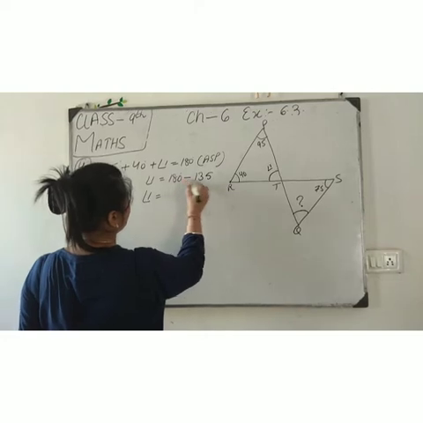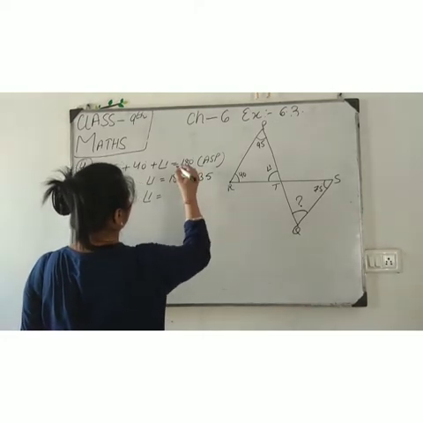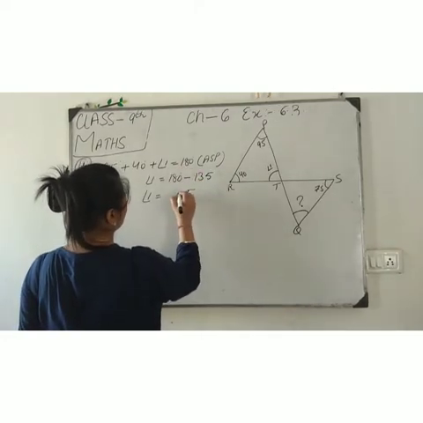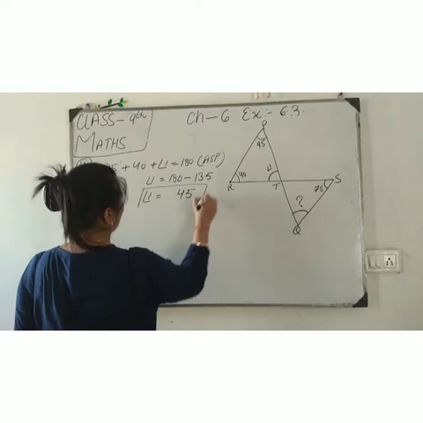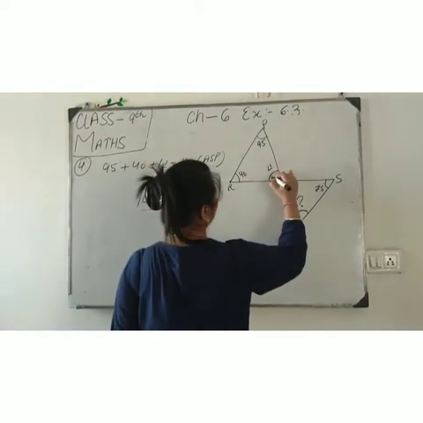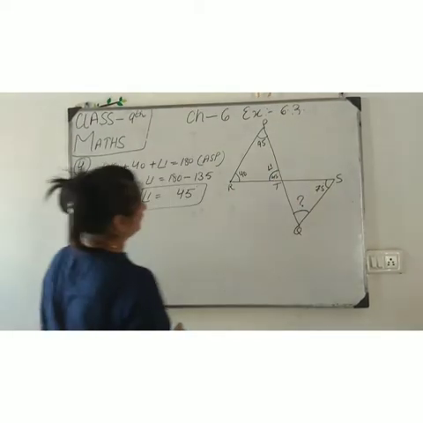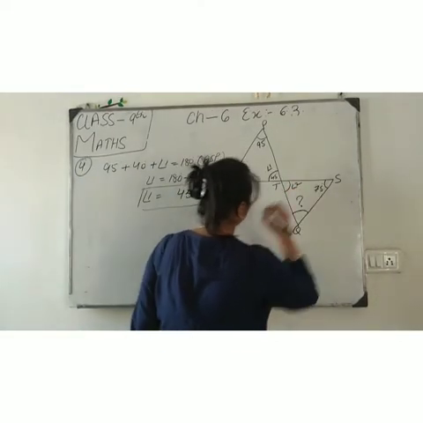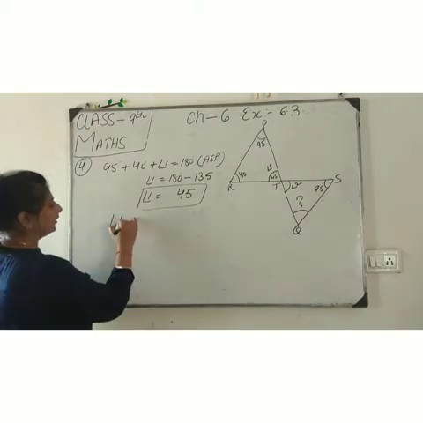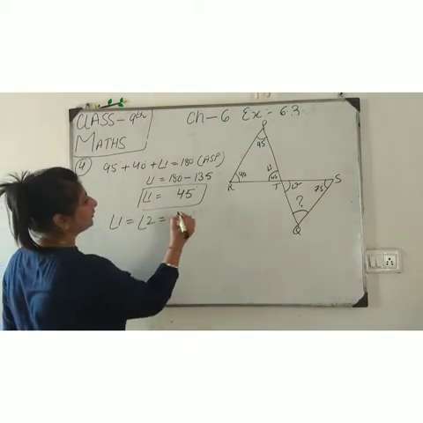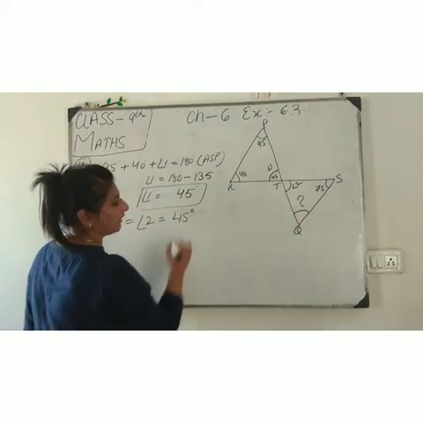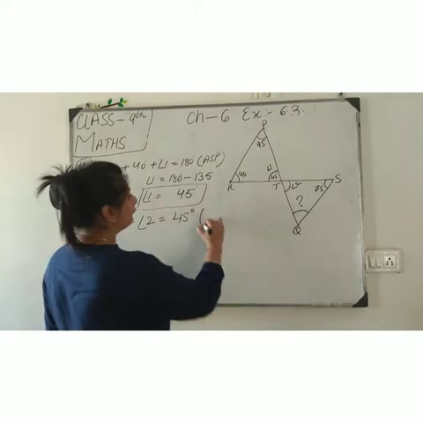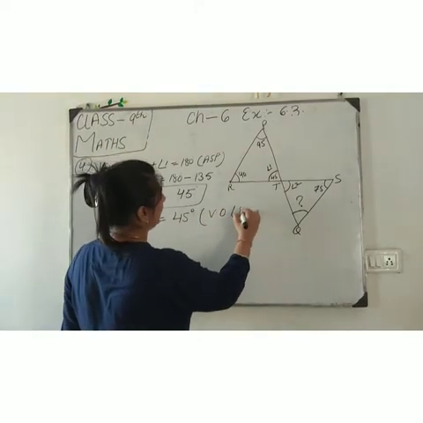Angle 1 equal to 45 degree. Okay. Now again I put numbers here. Angle 2. Angle 1 equal to angle 2 equal to 45 degree. Reason: vertically opposite angles.